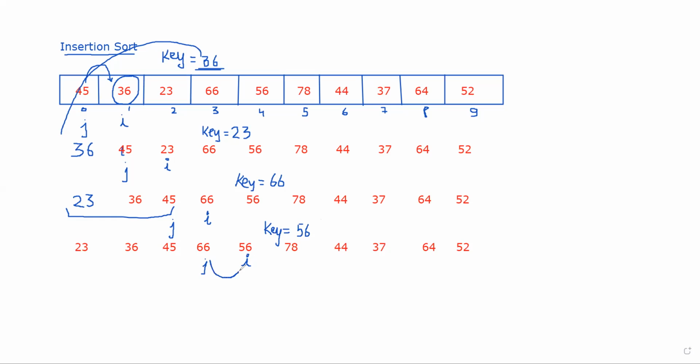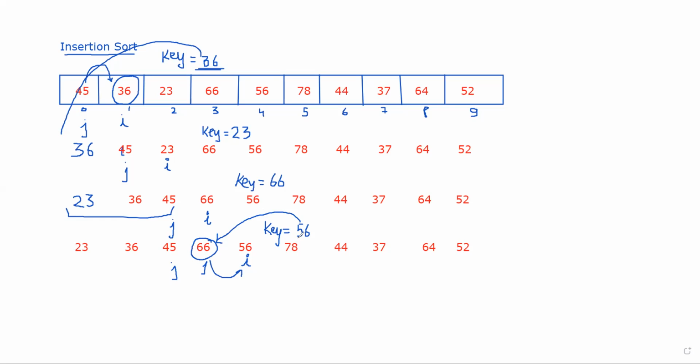So this value I will shift here. Next time when j comes here, this value is already smaller. So at this particular position, I will insert my key value. I hope now you understand what I'm doing. Actually I'm making the place for 56.